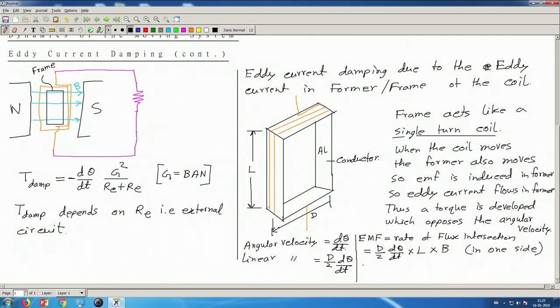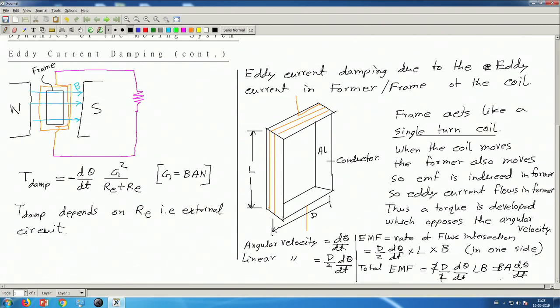Okay. So, total EMF will be 2 times of this. So, 2 multiplied by d by 2 d theta dt L B. Now, this 2 cancels, d L is equal to A, area of the coil or the inside of the former. So, this we can write as B A times d theta dt.